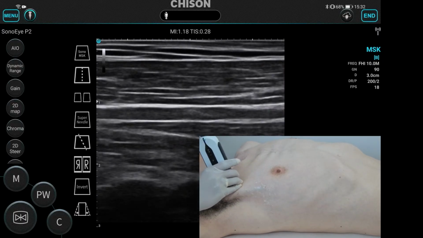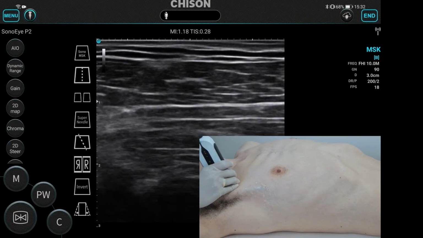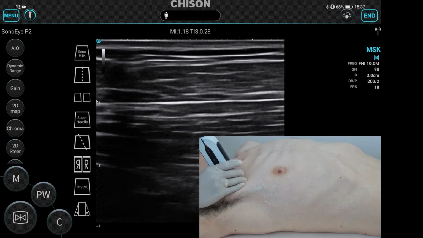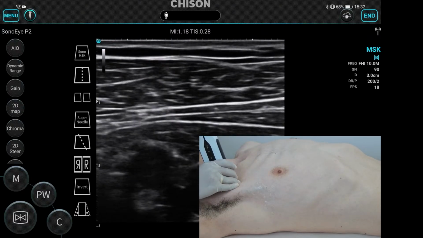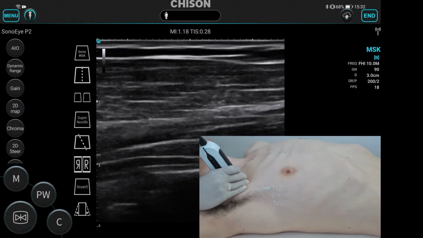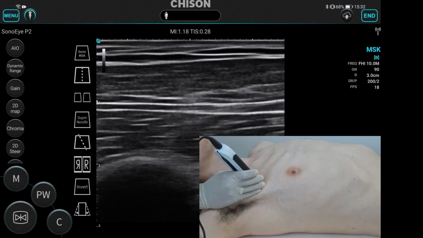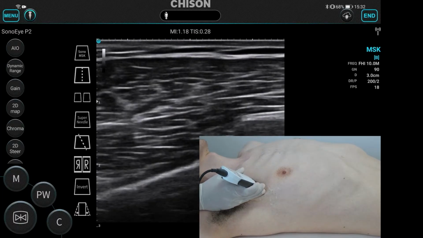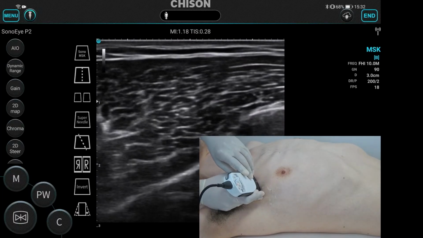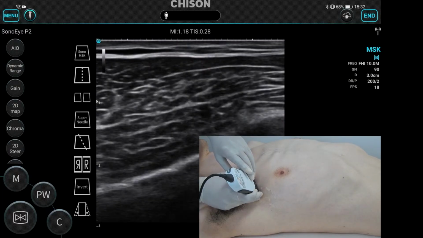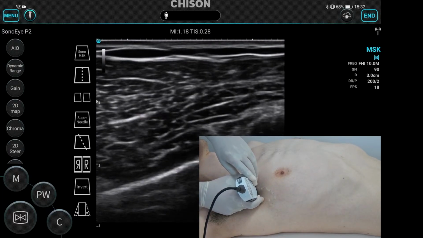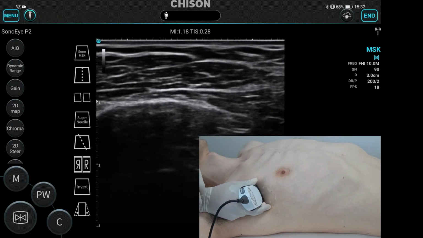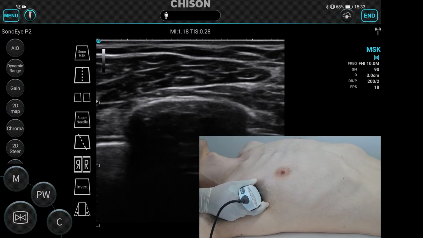Okay, we can see the thoracodorsal tree, we can see PEC major, PEC minor. We go down. You can still see, move. We go, and then we started seeing somewhere over here the serratus anterior muscle.